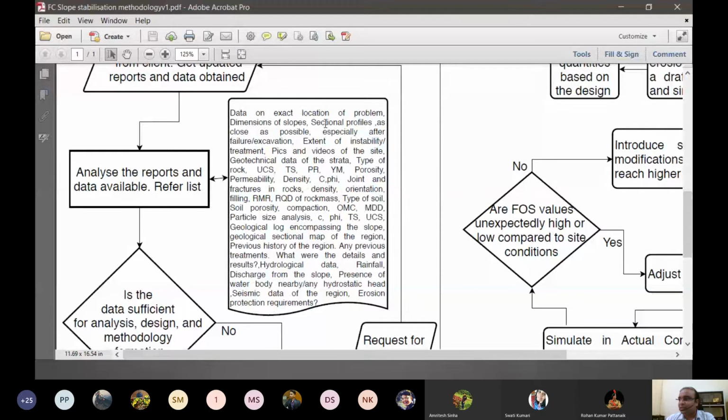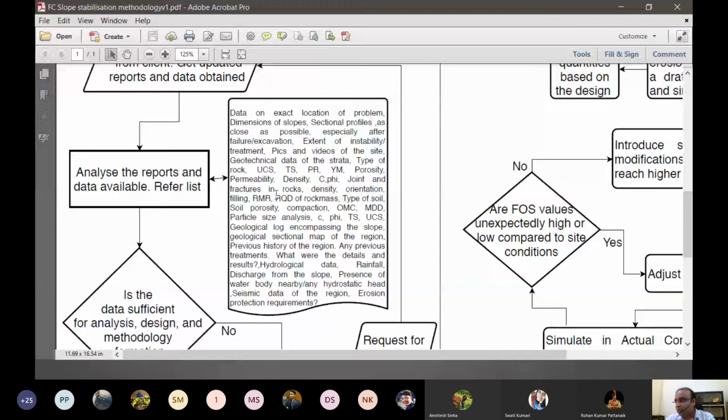So: exact location, what are the sectional profiles, extent of instability, pics and videos if available, type of rock, UCS, tensile, Poisson's ratio, Young's modulus. All the rock mechanical properties were asked, RMR, RQD, type of soil, all the rock mechanical and geotechnical properties were asked.